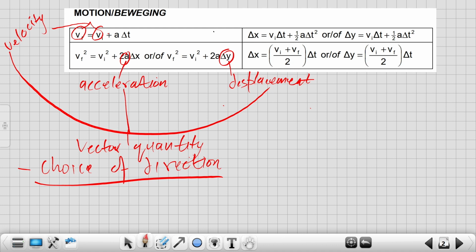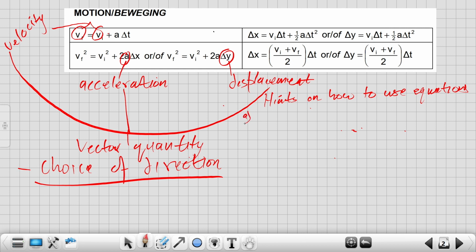So I will share a few hints on how to choose and use the correct equation. To use equations, it's easy.